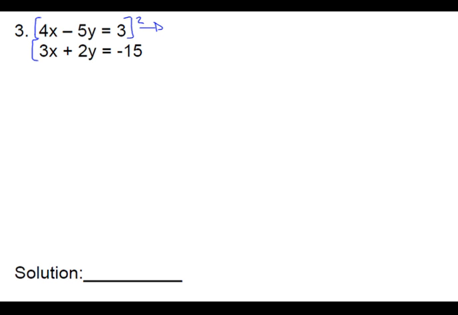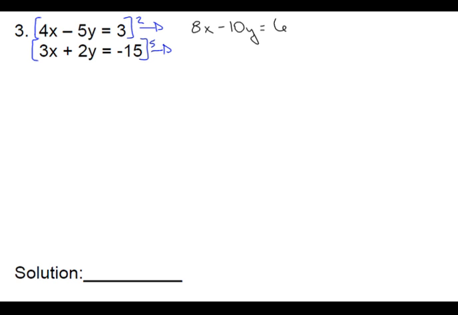My bottom equation is going to need to be multiplied by a positive 5. Both equations have to be multiplied in this case in order to find our least common multiple. So 2 times 4 gives me 8x, a minus 10y is equal to 6.